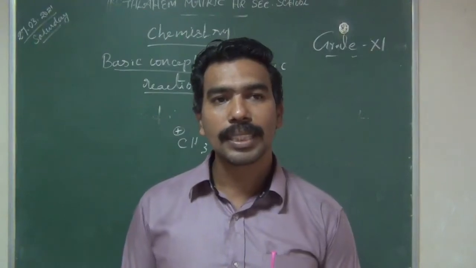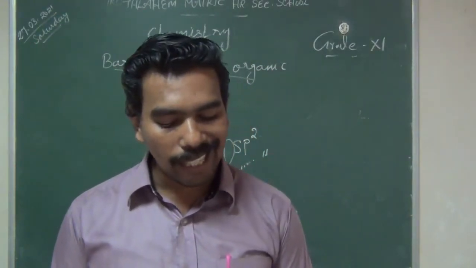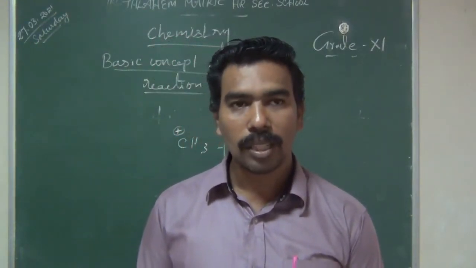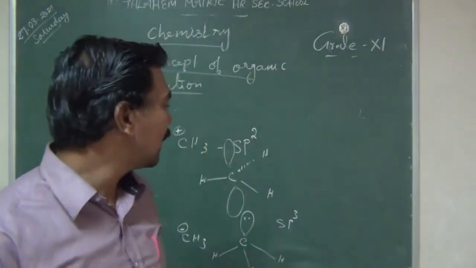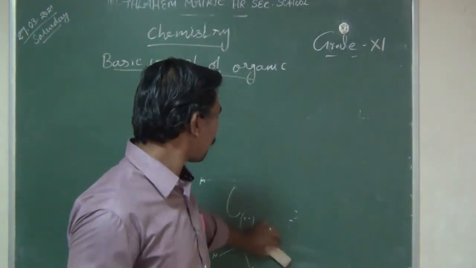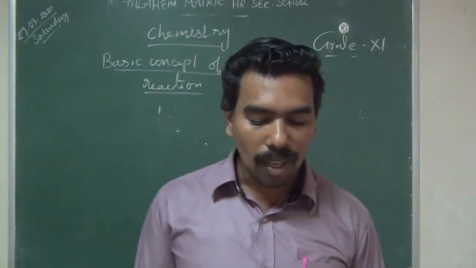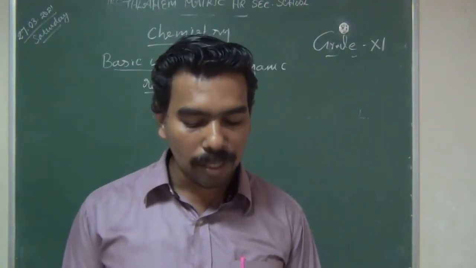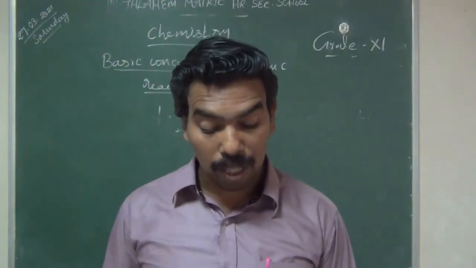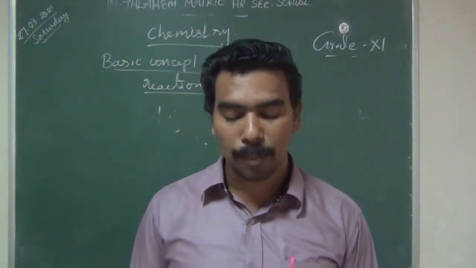Here also we are discussing the carbon-carbon bond and the carbon-chlorine bond. This is a carbon-carbon bond, it means ethane, that is the non-polar compound. Then the carbon-chlorine bond, ethyl chloride, is the polar bond.